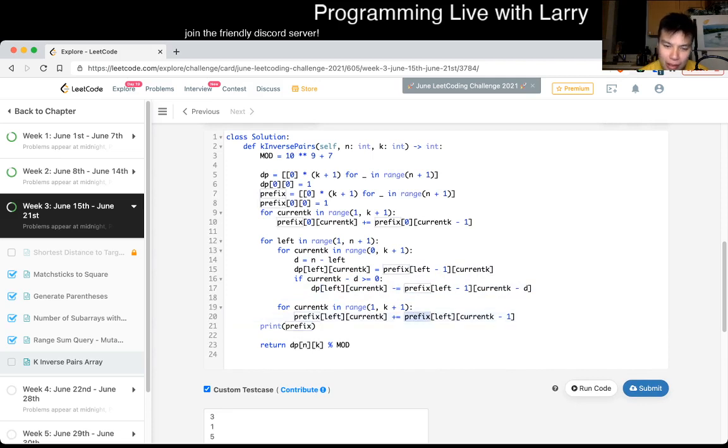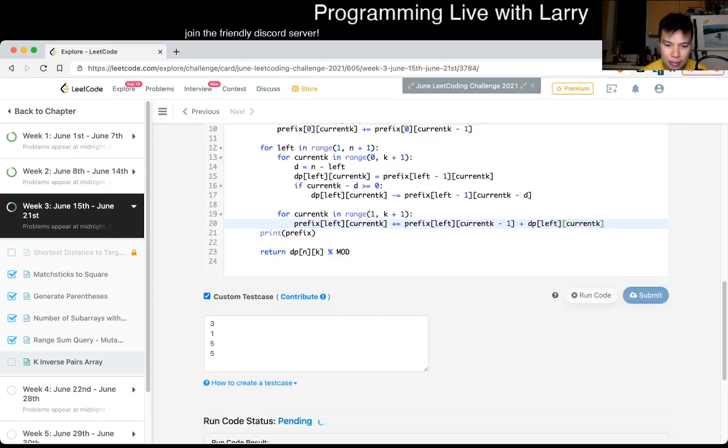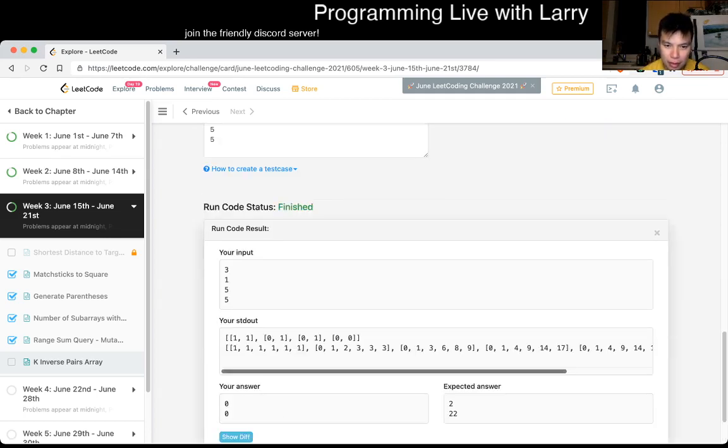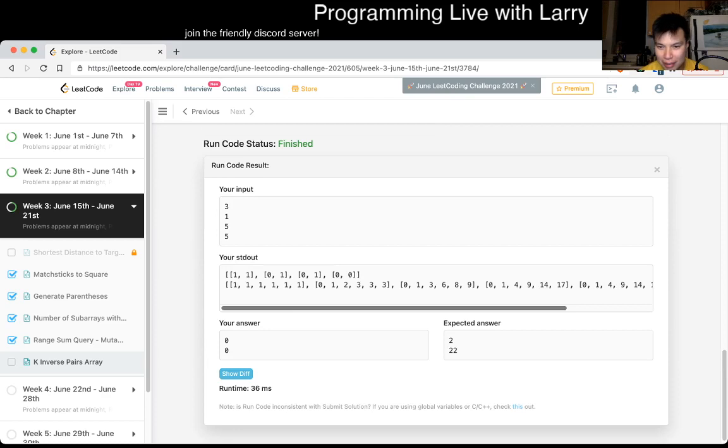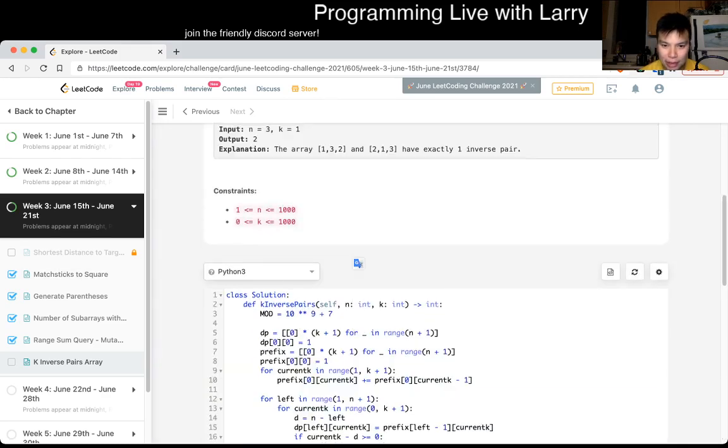Oh, well, that's dumb. That's true. Plus dp of left plus current k. Okay, I mean, it's progress. We might even be right. It's just that we don't fill out n because one of our loops is wrong, maybe.